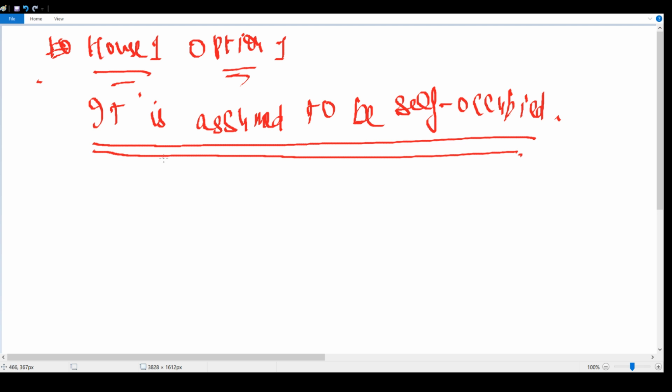Income from house property 1, what is its income? Nil.